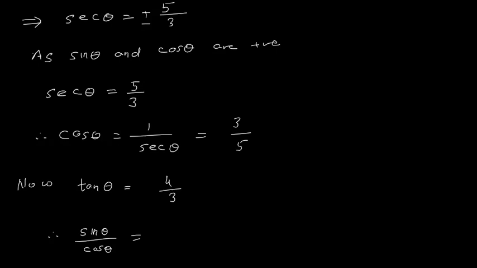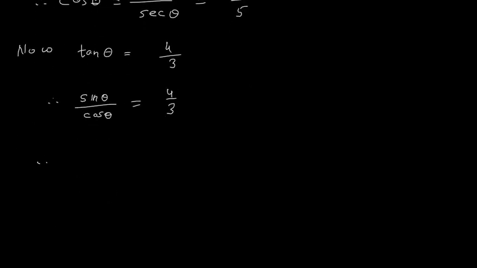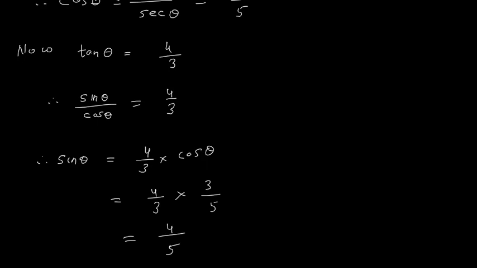This is 4 upon 3. Therefore, the value of sin theta is 4 upon 3 into cos theta, is equals to 4 upon 3 into the value of cos theta, which is 3 upon 5. So 3 will cancel and I get 4 upon 5. So sin theta is 4 upon 5.